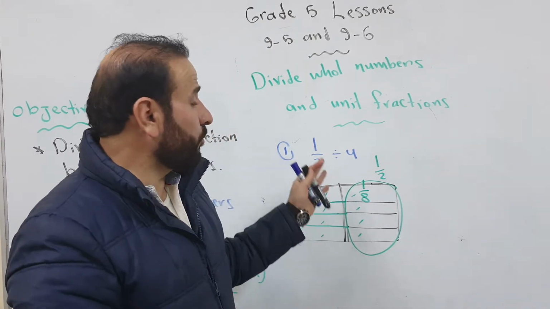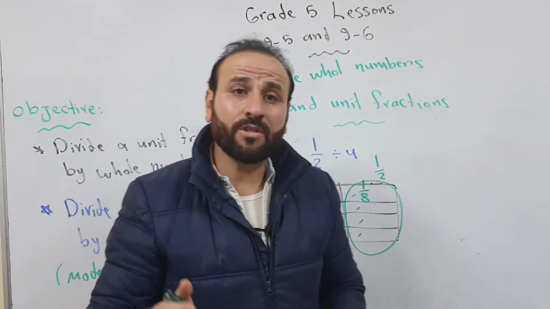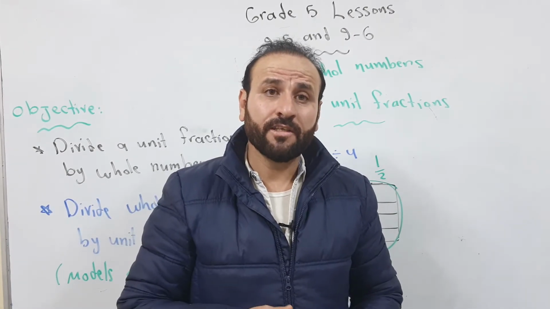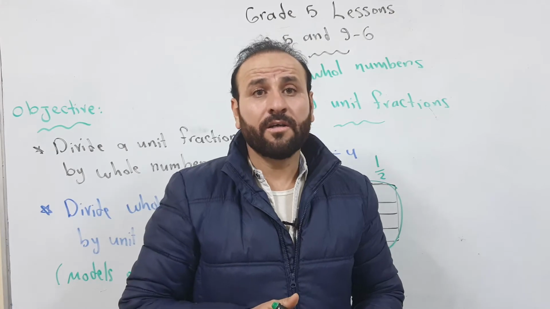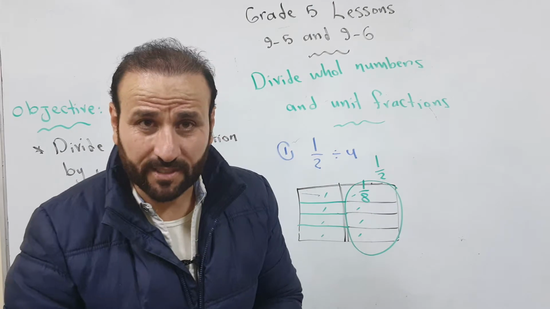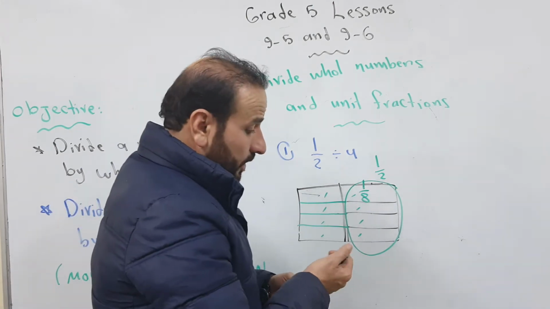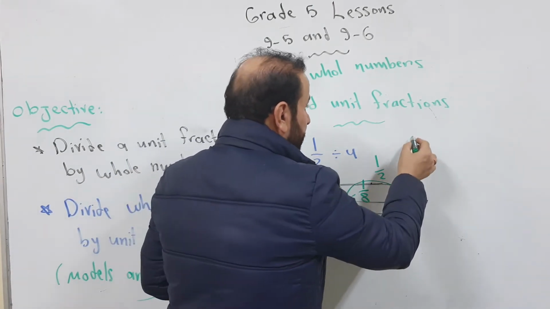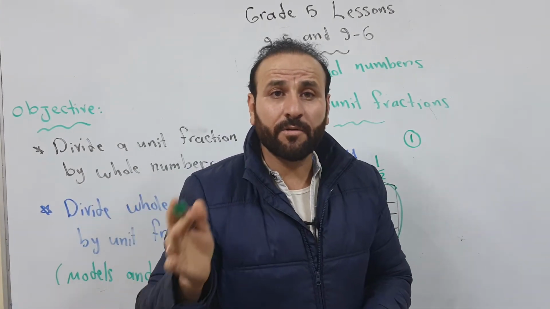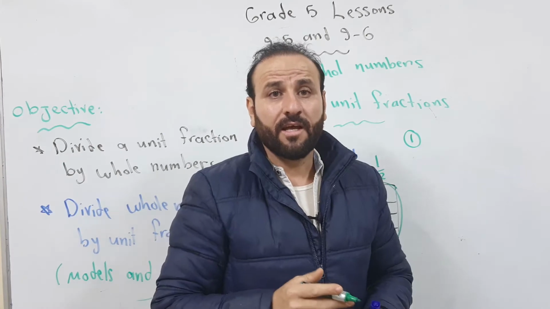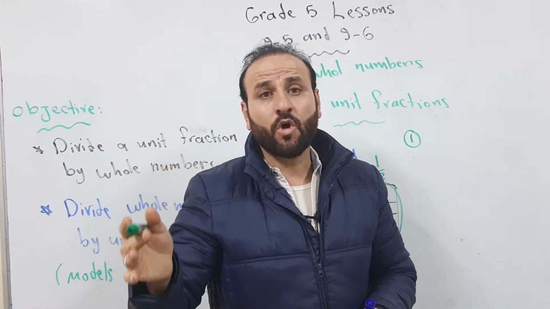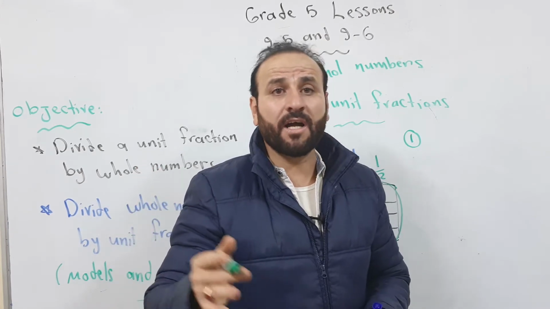Now we want to use what we know about dividing a whole number by a unit fraction and dividing a unit fraction by a whole number to solve some word problems. I will give you this example. We have a garden divided into 3 equal parts. The first part is for fruits, the second part for vegetables, and the third part for flowers.